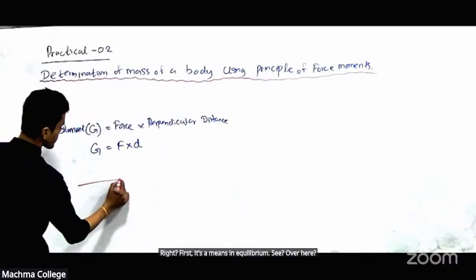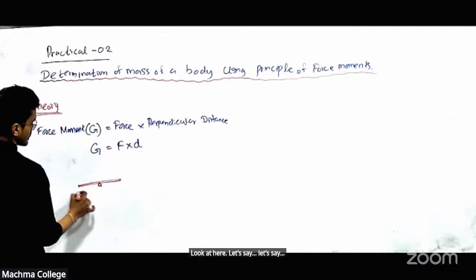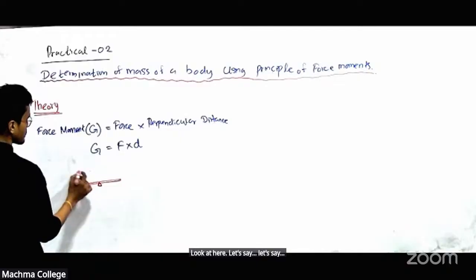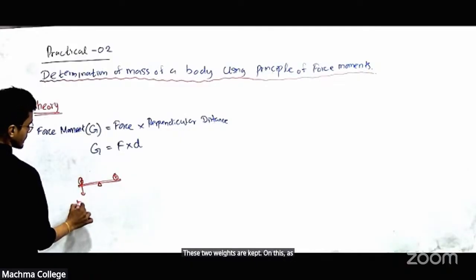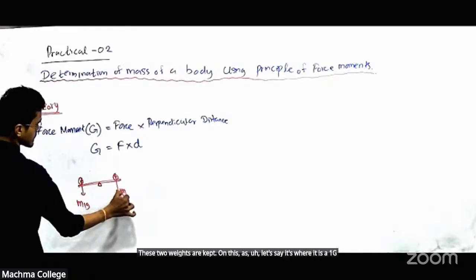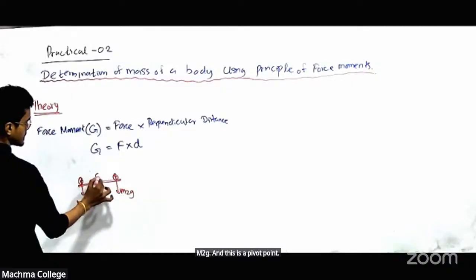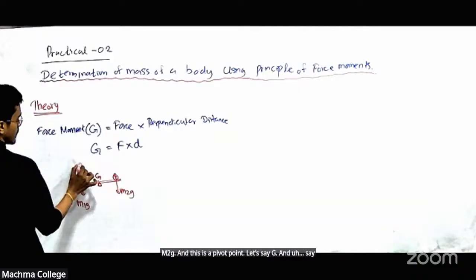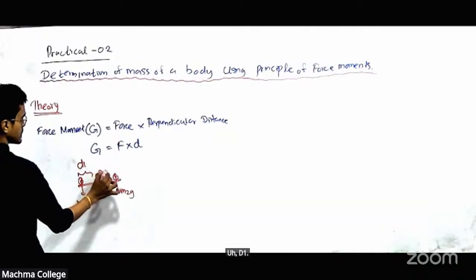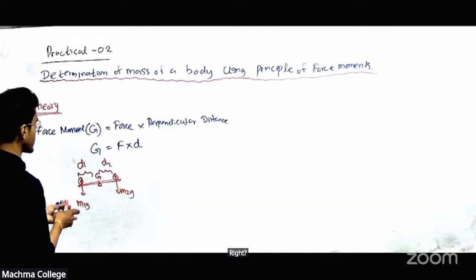Look at here. Let's say these two weights are kept on this, its weight is m1g and this weight is m2g, and this is a pivot point G, and this is d1 and this is d2.